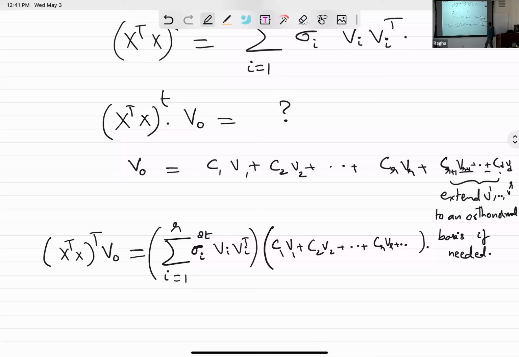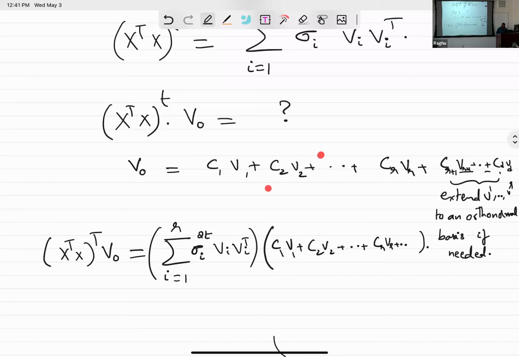What happens when I multiply these two things? The same thing that we did before. This is a nice thing with an orthonormal basis: when you multiply, the cross terms become 0 because they're perpendicular to each other.